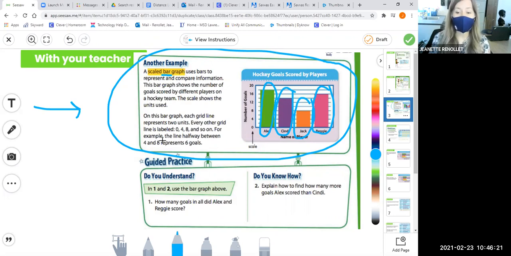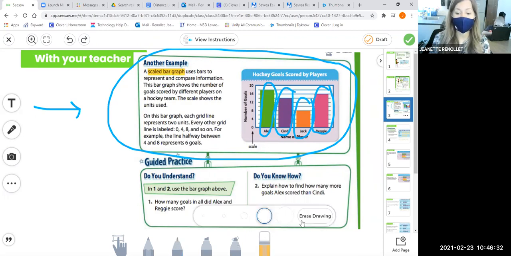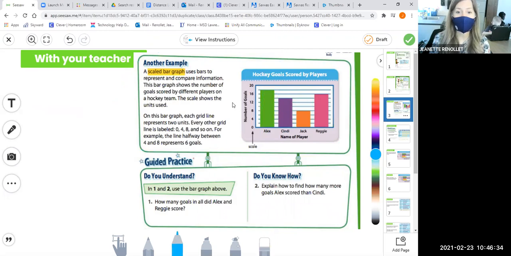We're going to begin here and use this graph and its scale to answer some questions. Here we go. Look at question number 1.